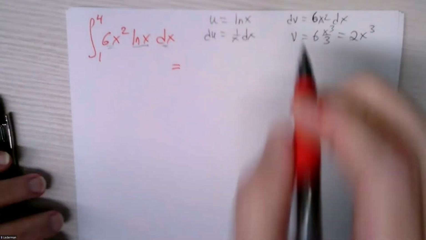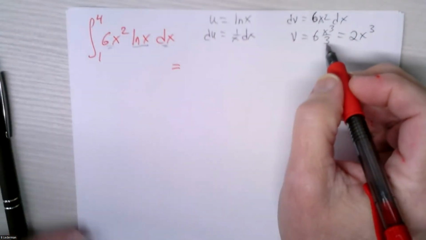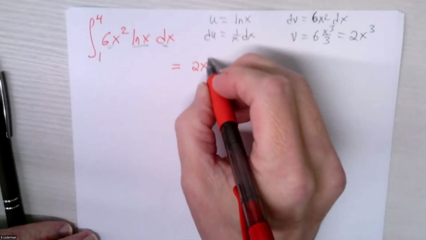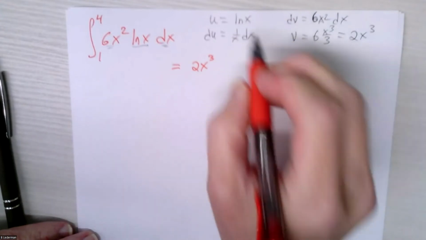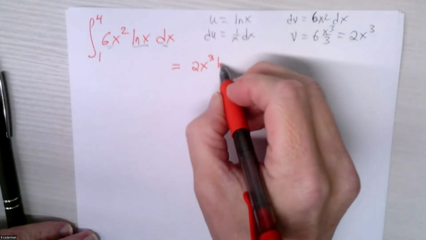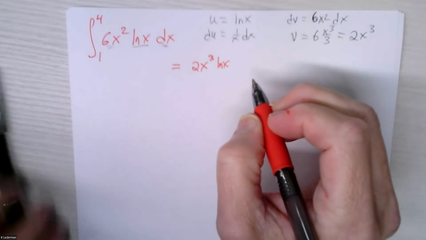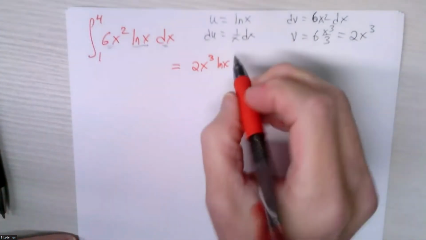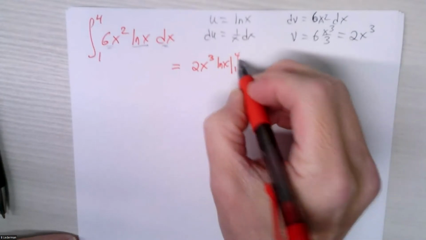And now that's going to equal uv, which is 2x to the third times ln x. Now, since this is evaluated between 1 and 4, I have to evaluate this between 1 and 4.